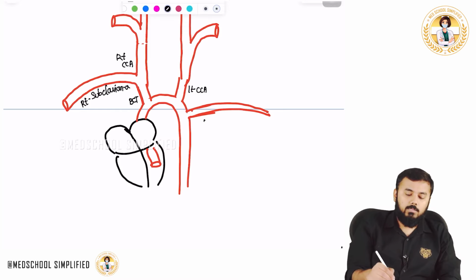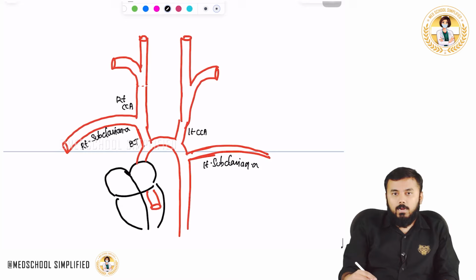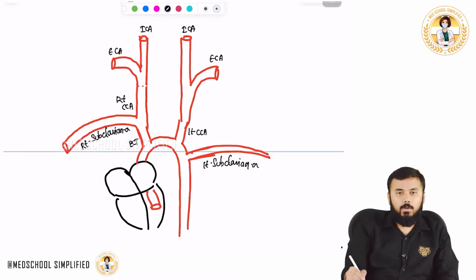One is the right subclavian, and this is the left subclavian artery. So what are the different arteries you have over here? Right common carotid, left common carotid, and the right internal carotid artery, left internal carotid artery, right external carotid artery and left external carotid artery.